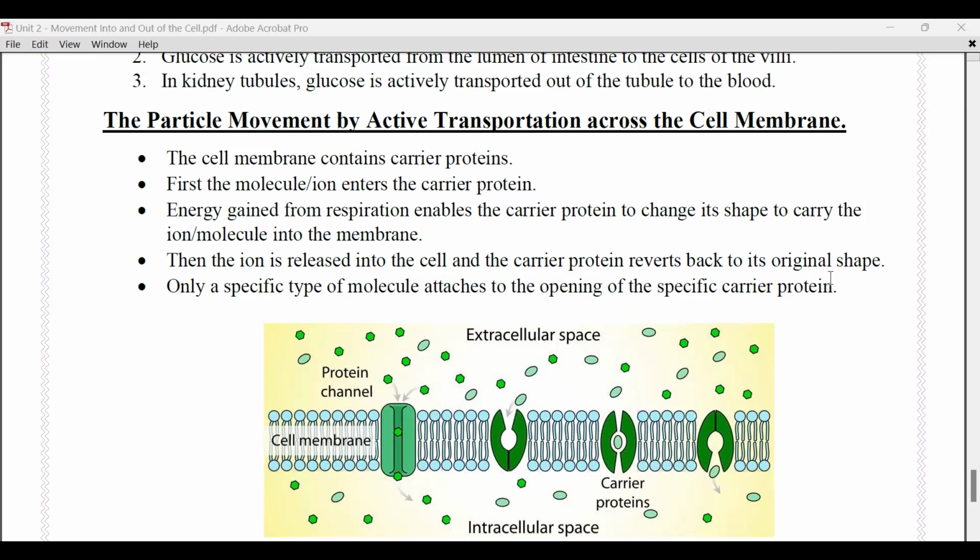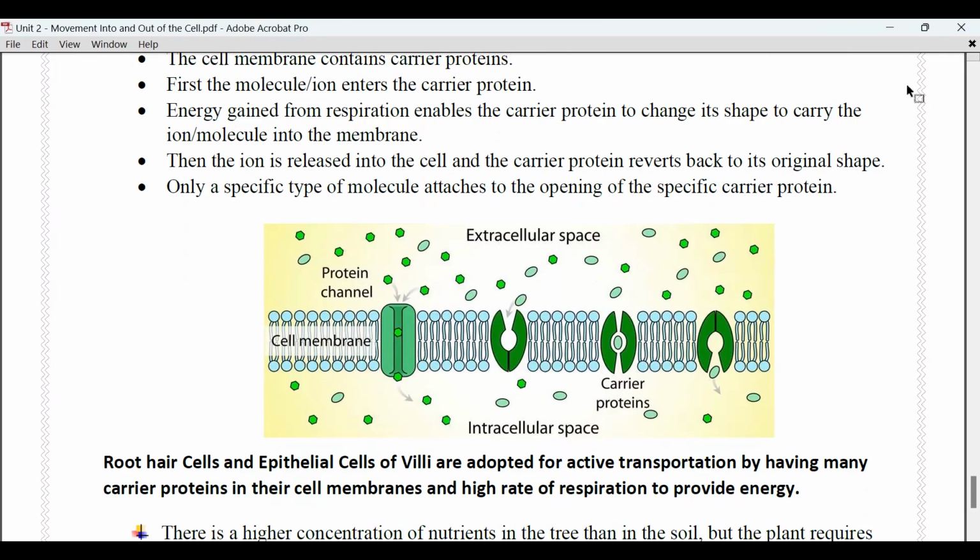After releasing this ion or molecule, the carrier protein reverts back to its original shape, and what you must note is that only a specific type of molecule attaches to a specific type of carrier protein. Both root hair cells in plants and epithelial cells of villi are adapted for active transport by having many carrier proteins in their cell membranes and a higher rate of respiration to provide energy for this process.